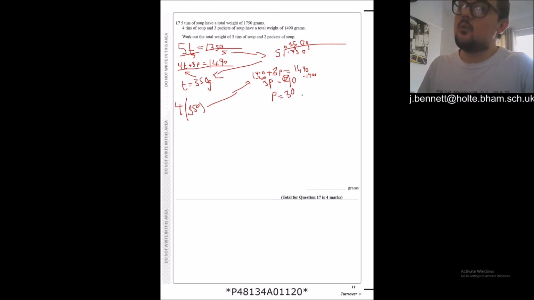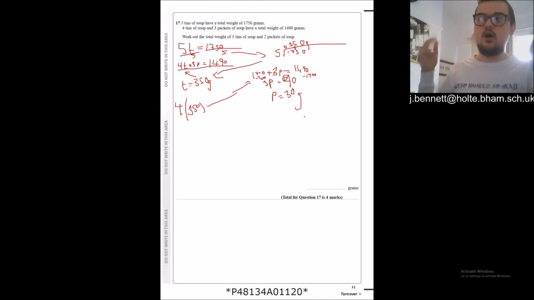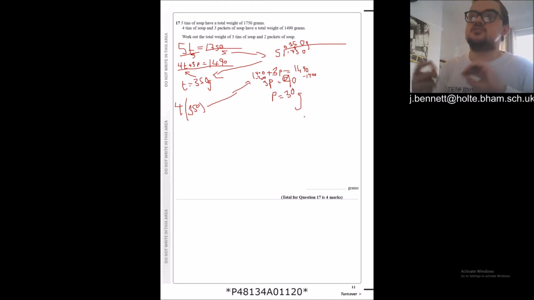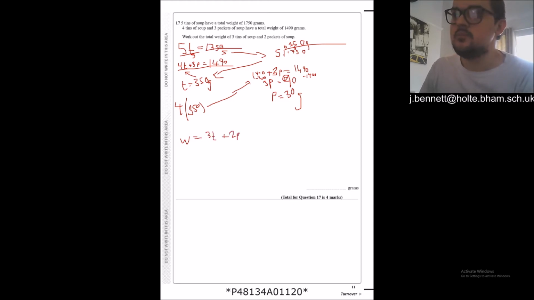So now we have our value of T and our value of P. Normally it would just be asking for the value of P, but it wants you to apply this into a new thing. We want the total weight of 3 tins of soup plus 2 packets of soup. We sub in our values.